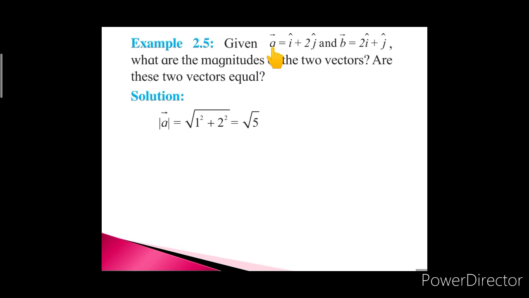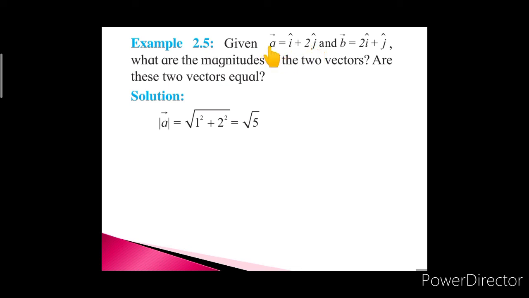As the vector A is resolved into two components, the magnitude along the x-axis is given as 1, and i cap is the direction for this magnitude, and along the y-axis the magnitude is 2 and j cap represents the direction of it.